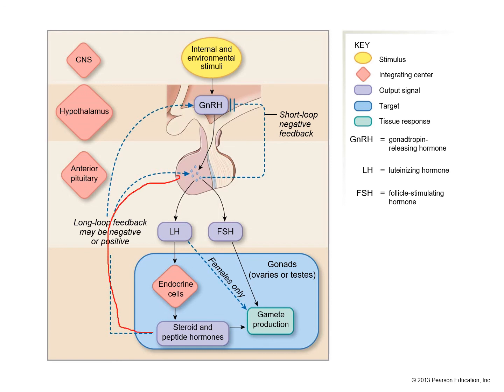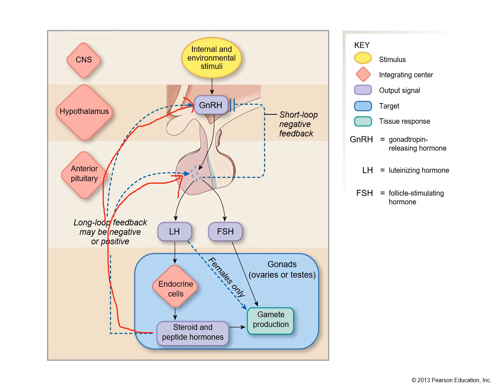The short loop will go to the anterior pituitary and say stop expressing, but there will also be a long loop feedback back into the hypothalamus to tell the gonadotropin releasing hormone to stop if the amount is enough. If the amount is not enough, then the presence of this testosterone will stimulate it to have more, and so there will be a positive feedback.